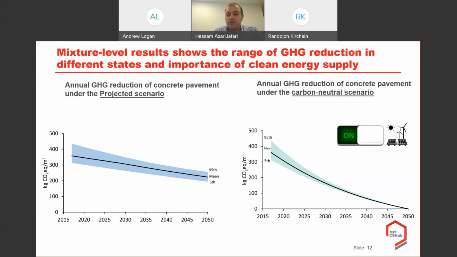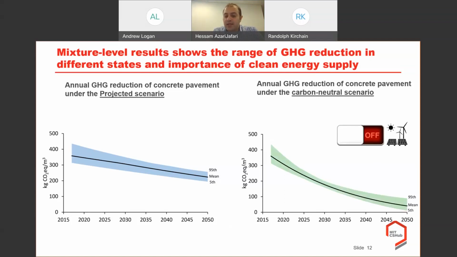But if we don't consider these full renewable sources, and if we rely on the projected improvement of the energy supply, we can see that it's hard to achieve carbon neutrality by 2050. Therefore, one indispensable part of these carbon neutral solutions is renewable energy supply for the whole supply chain of the concrete.